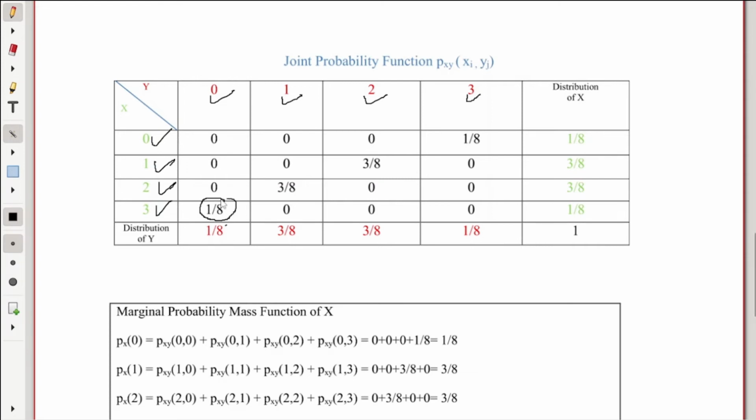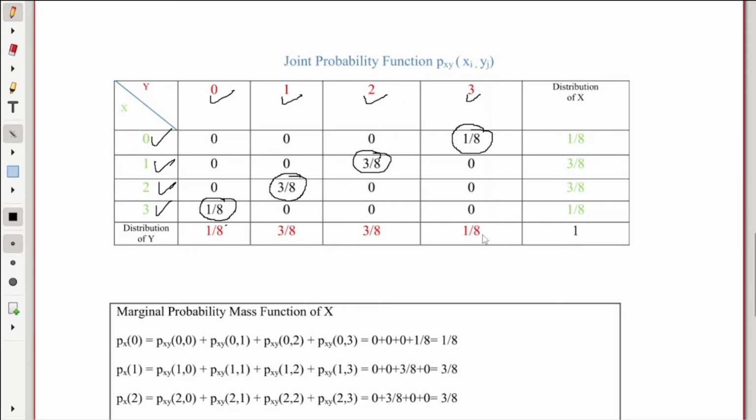For example, this shows 3 heads and 0 tail. This shows 2 heads and 1 tail. This shows 1 head and 2 tails. This shows 0 head and 3 tails. So this is the joint probability function.